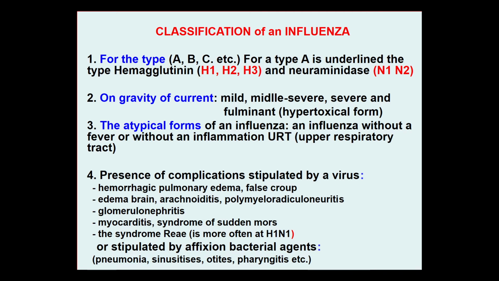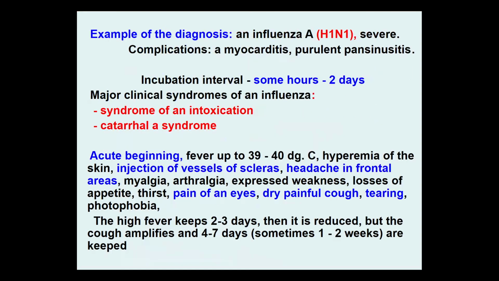Complications are either stipulated by the virus: hemorrhagic pulmonary edema, false croup, brain edema, arachnoiditis, polymyeloradiculitis, glomerulonephritis, myocarditis, sudden death syndrome, Reye syndrome, more often in H1N1; or stipulated by bacterial infection: pneumonia, sinusitis, otitis, pharyngitis, etc. An example of diagnosis: influenza A, severe form, complication myocarditis, purulent pansinusitis.